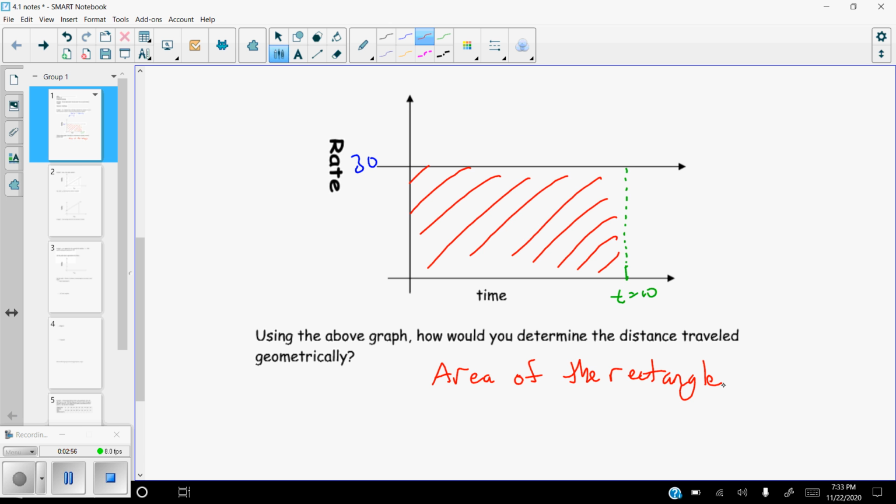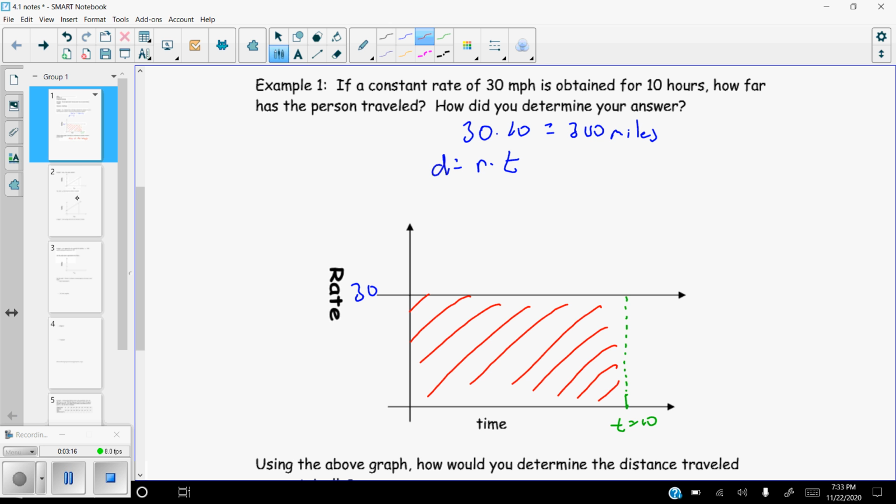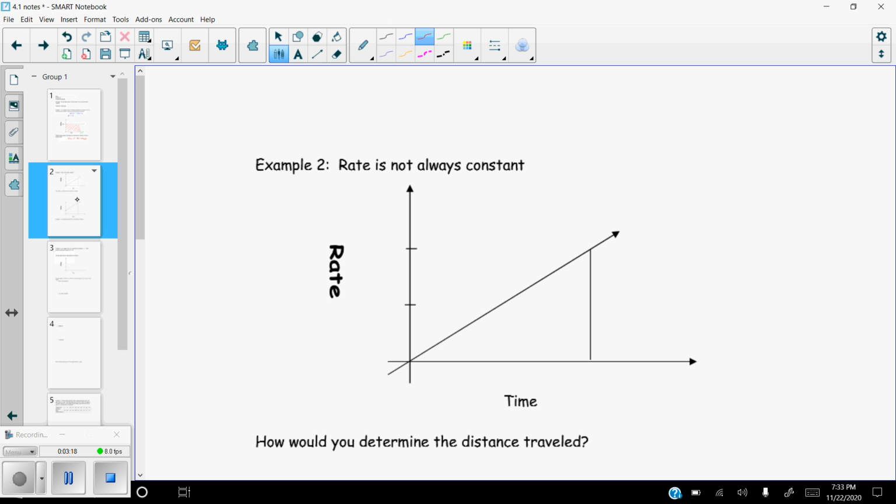Okay, so you can see how the area between that curve, which is the y equals 30 line, and the x-axis, which is a 300 area, corresponds to the distance being the rate times the time of 300 miles. Okay, not too difficult, but we know rate is not always constant.